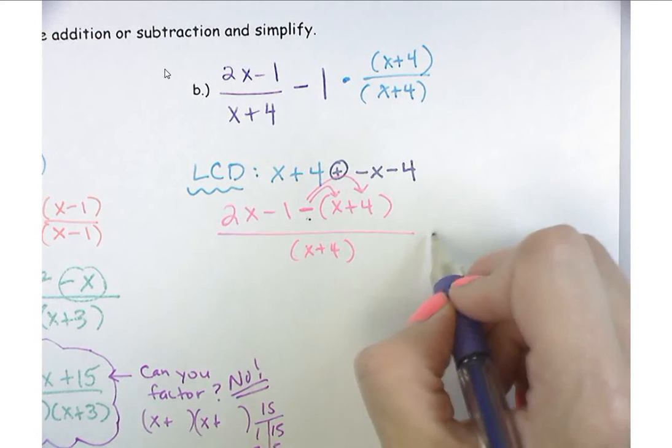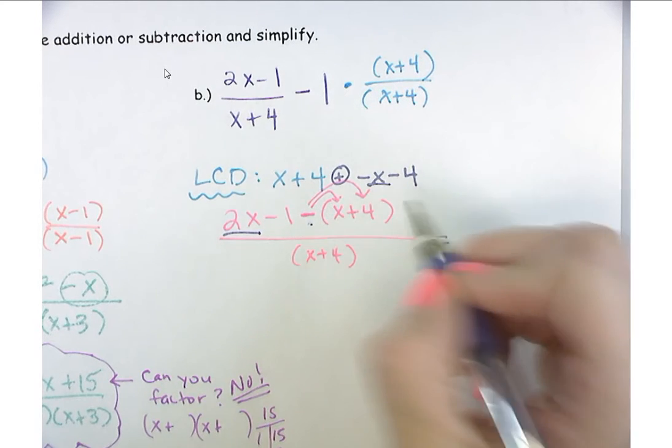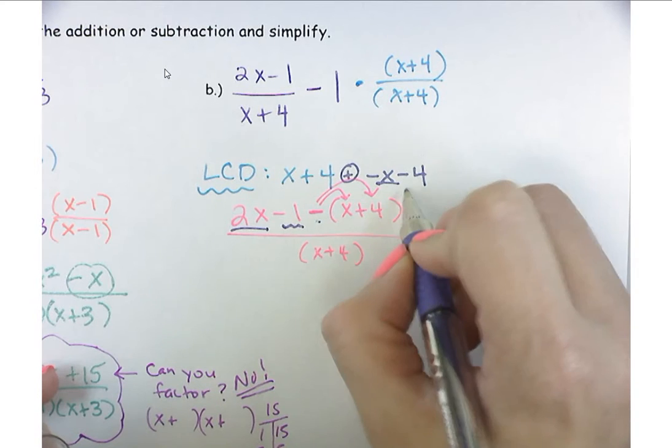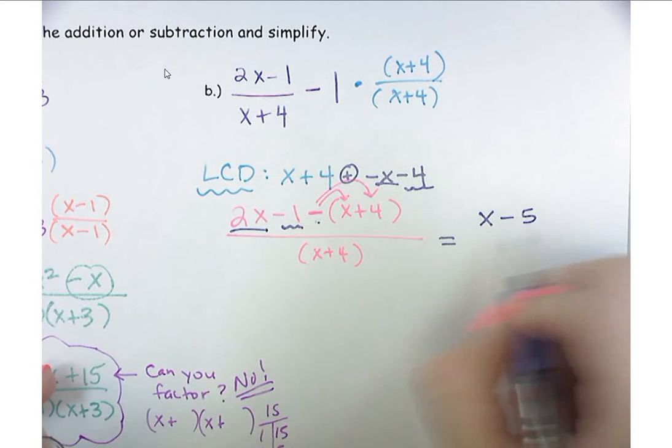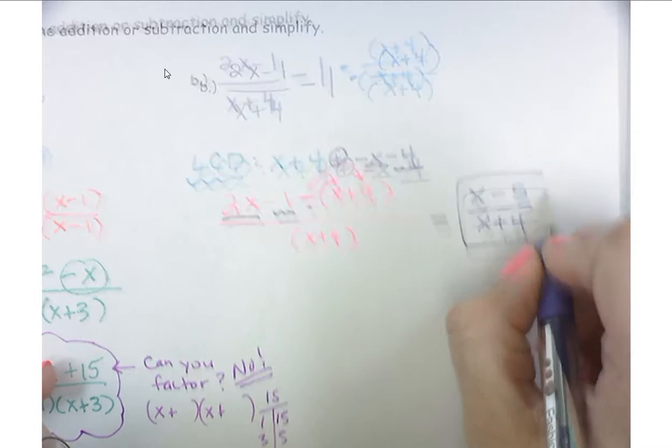And then from there, you can combine your like terms. So I have 2x minus x, which is x. And then I have negative 1 minus 4, which is negative 5. And then that would be over x plus 4.